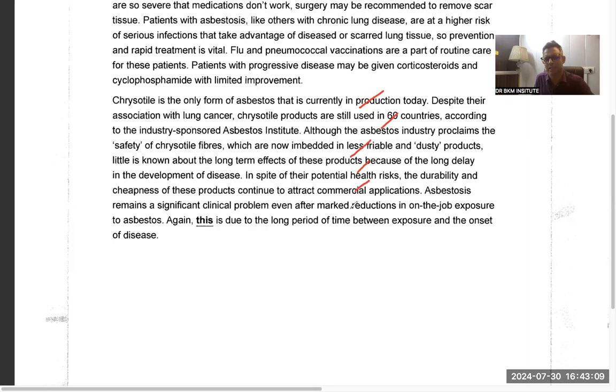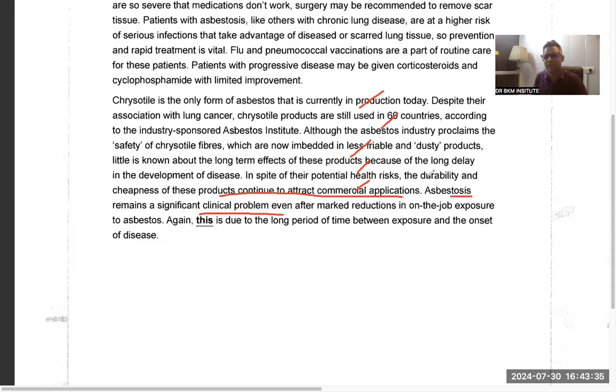In spite of the potential health risk, products continue to attract commercial applications. That means there is no restricted application. They are being used more. So your option is eliminated, comparison was not given, and they were not talking about anything else. The only thing they were talking about is that it may. Asbestos remains a significant clinical problem even after marked reduction. So it is still a clinical problem and can pose a threat.